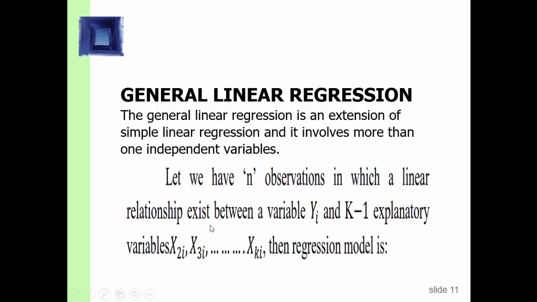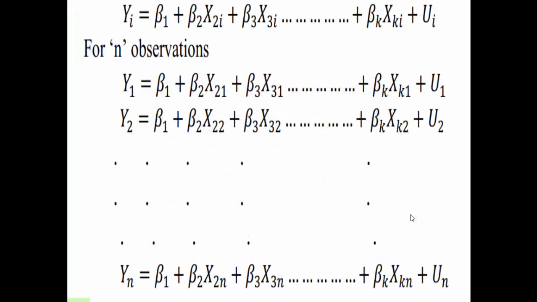So if we have n observations in which a linear relation exists between y and k minus 1 explanatory variables, x1, x2, x3 up to xk, then we can write the general equation as yi is equal to b1 plus b2 x2i plus b3 x3i plus b4 x4i, and so on till bk xki.